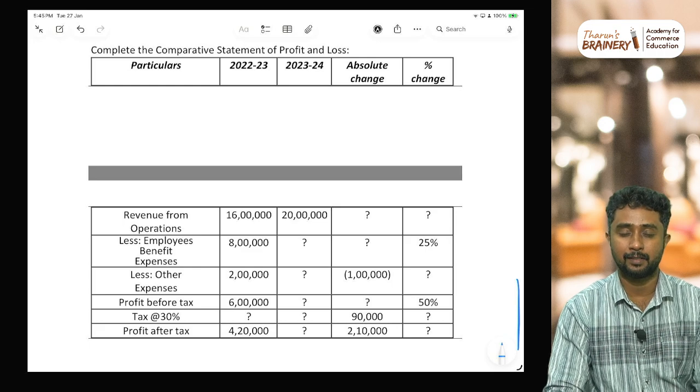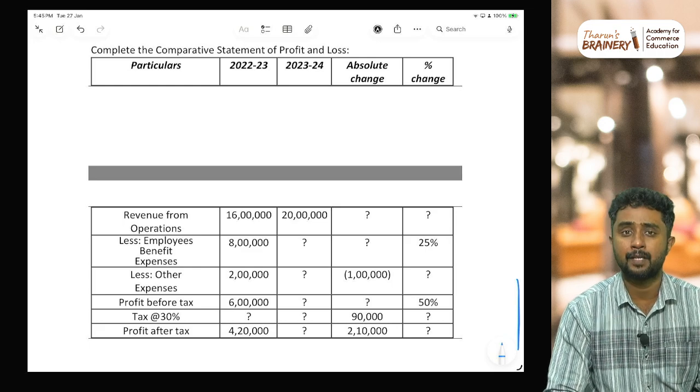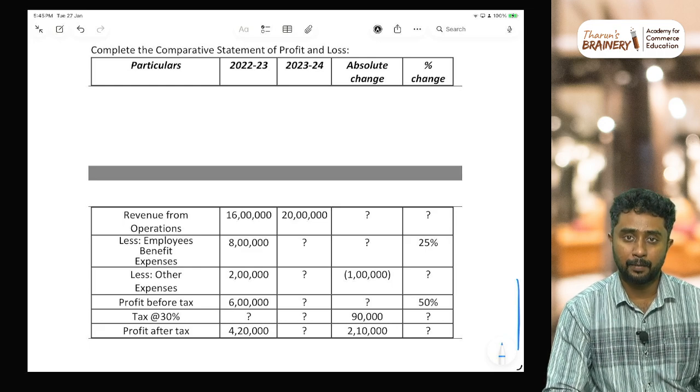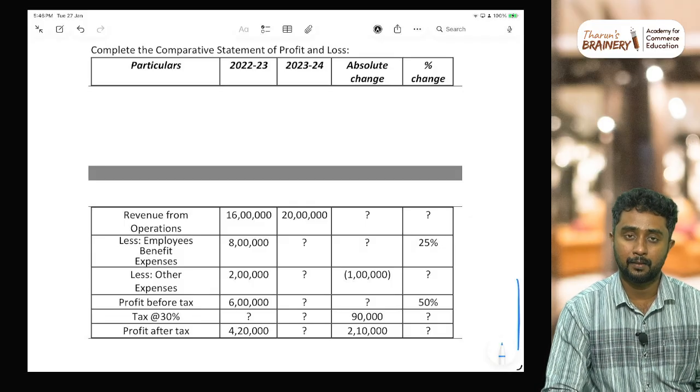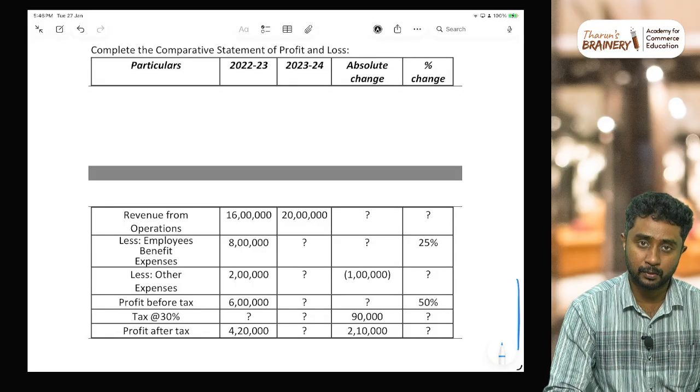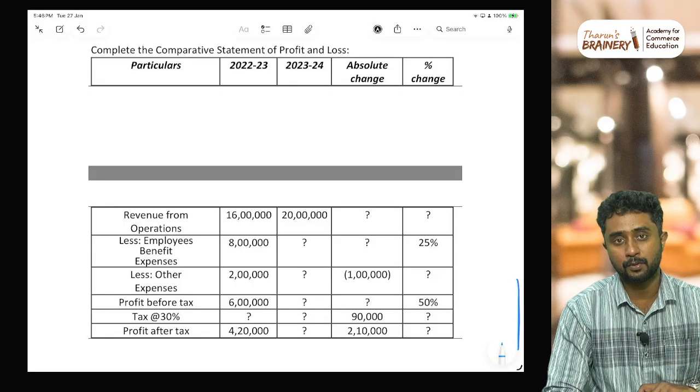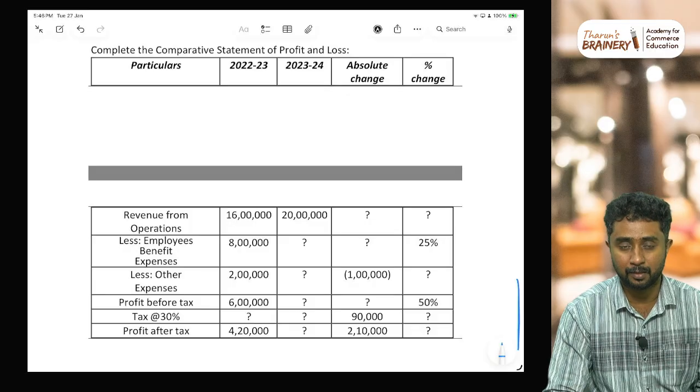It need not always be years, but mostly we are doing it based on years only. So we are comparing the values of the previous year as well as the current year. We are finding out the difference between these two values, and that value is called absolute change. Then we are converting this absolute change into percentage, which is called percentage change.